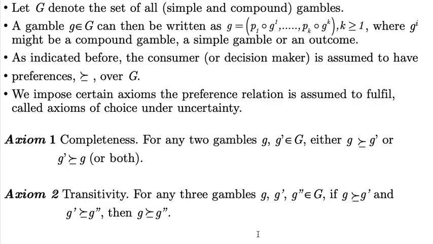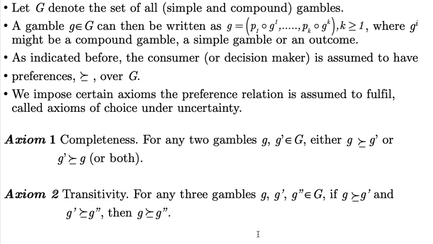Like I said just now, for this module, we only concentrate on simple gambles. But we know that we can have simple gambles and also compound gambles in reality. In order to understand more about gambles or choice under uncertainty, we need to look at the axioms or the properties of choice under uncertainty.